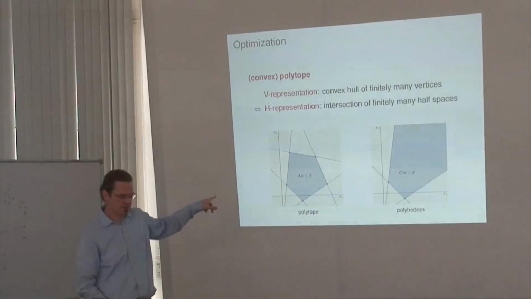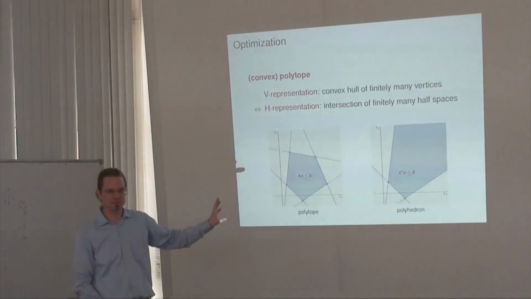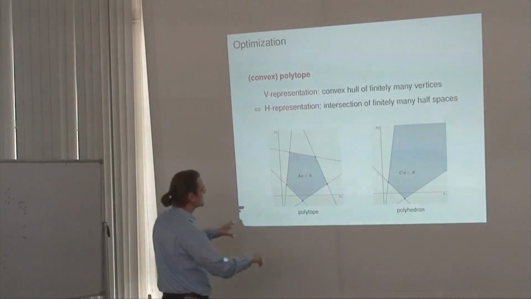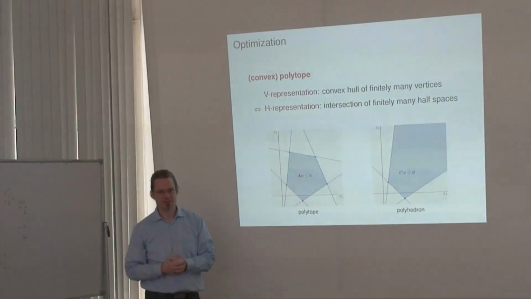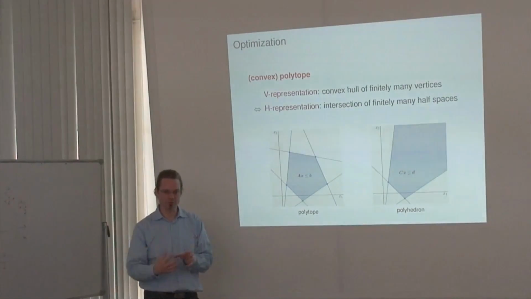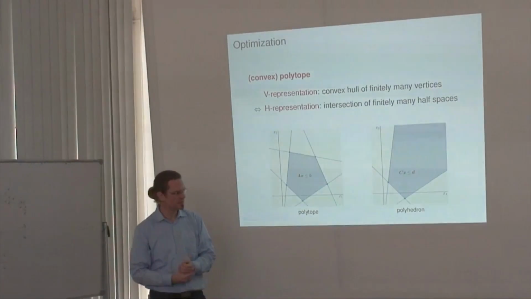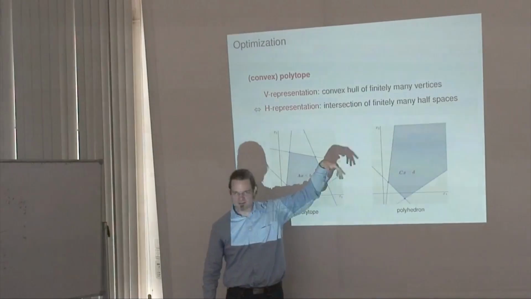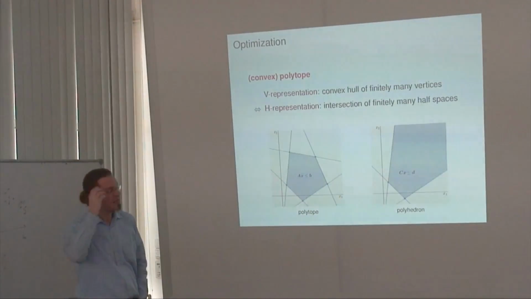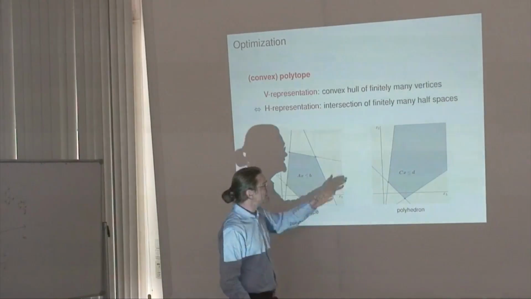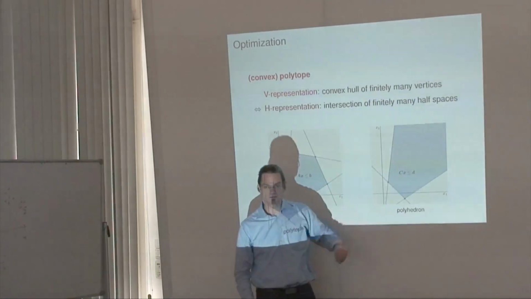They are both convex sets. There is no argument about that. But this one is what we call a compact convex set. It is clearly bounded. And this one is somewhere not bounded. It goes on to infinity. And still, it is an intersection of half spaces. Right?